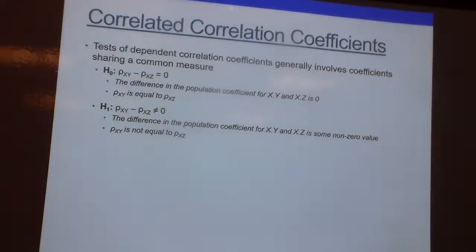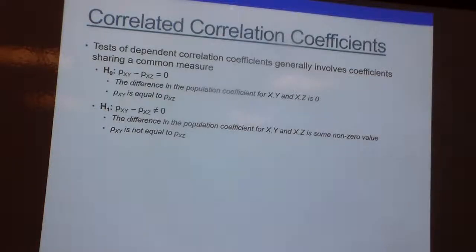Before, we were talking about the relation between X and Y in this population and X and Y in this population. Here, what we're saying is within this population, X has a stronger relation with this variable than X has with that variable. So X is the common measure in both of these correlations, and so the correlations aren't independent of one another. I mean, they might be, but there's going to be some level of shared variance.